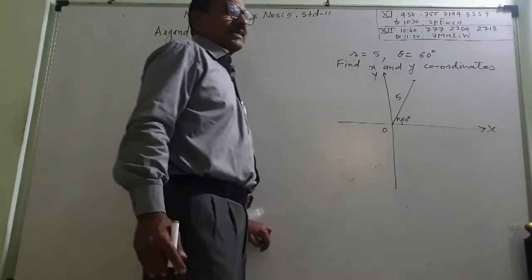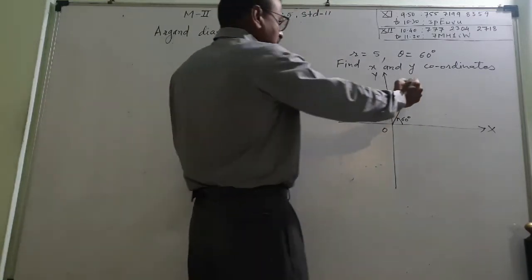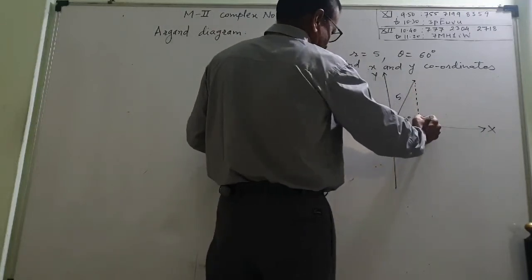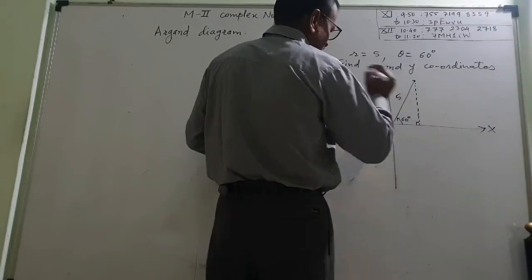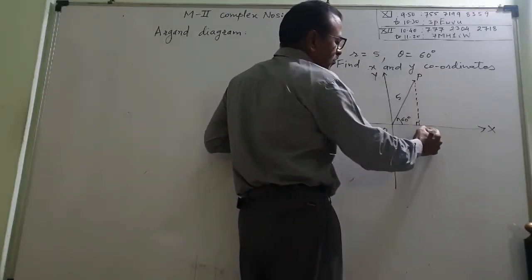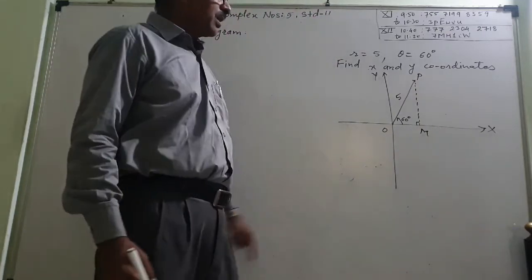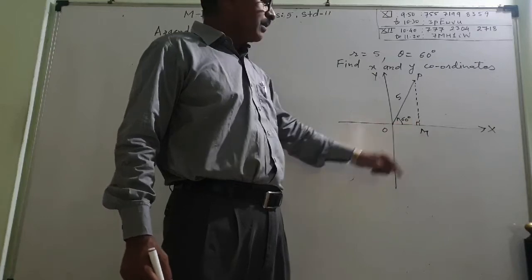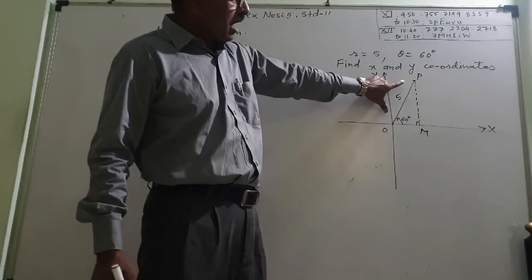I want to find the x and y coordinate. I will draw a perpendicular on the x-axis. Always remember this: always draw the perpendicular on the x-axis. This is suppose P, this is M. The triangle formed is a right angle triangle. Here it is 90 degree. This is the hypotenuse.